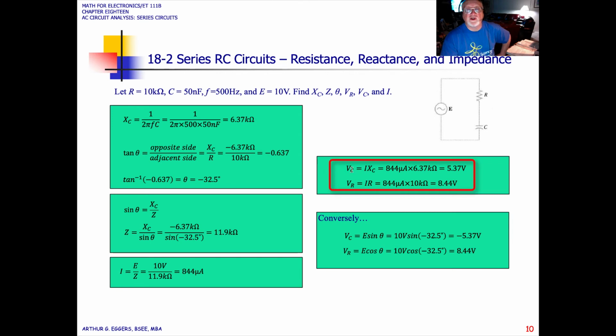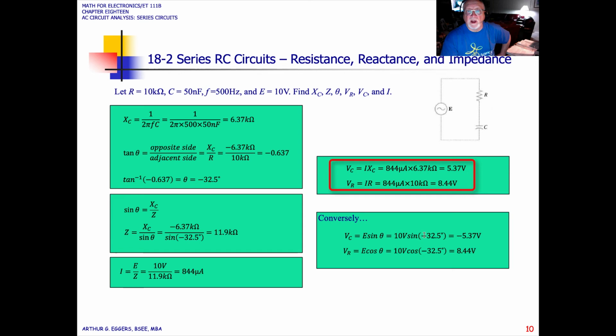Solving for the voltage drops across the capacitor and the resistor, we can do it one of two ways. We can use Ohm's law, or we can use the trigonometric functions. Either of them are going to give us the same answers here. Okay, so when you plug in the values, the voltage drop across the capacitor, 5.37, the voltage drop across the resistor, 8.44.